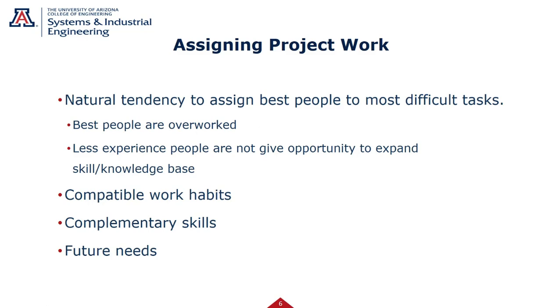Are you training the junior people to be ready for the next task? You constantly have to be looking at training and upgrading the workforce, because the senior people are eventually going to leave. So how do you constantly do that? And sometimes you just have to spend a little bit more time on a task on purpose, bringing up a junior person. Looking at future needs and things like that.